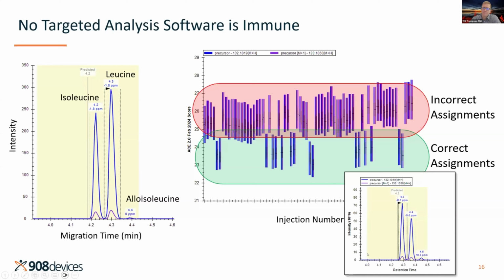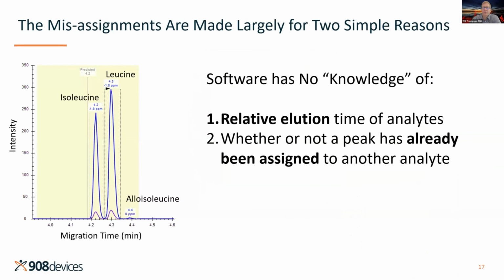So we've done a lot of work to understand why this is, and really it happens for two reasons. The software most often has no knowledge of the relative elution time of the analytes, and it also doesn't know whether or not the peak has already been assigned to another analyte, because each compound is essentially assessed on its own.